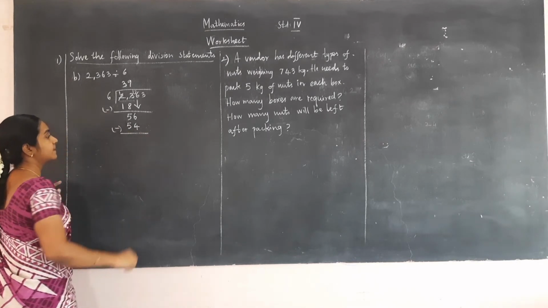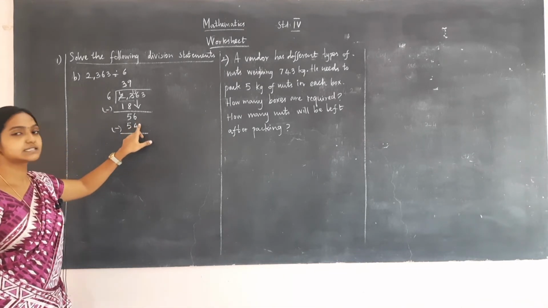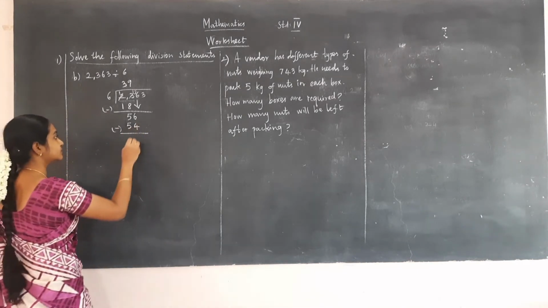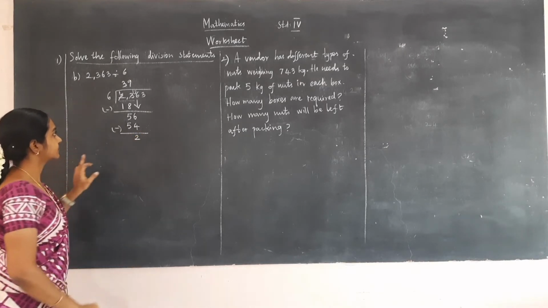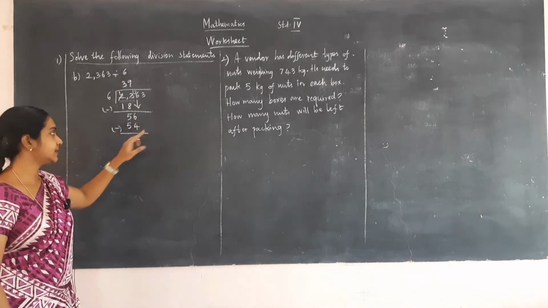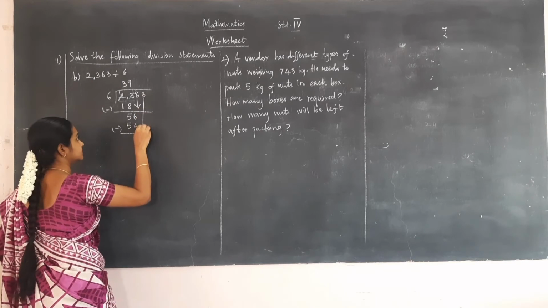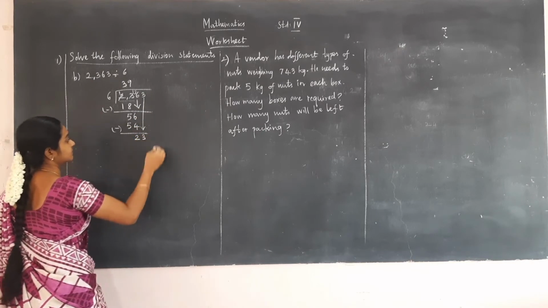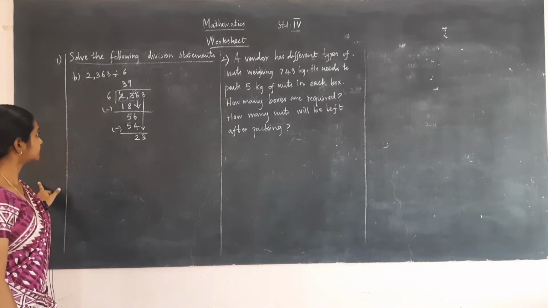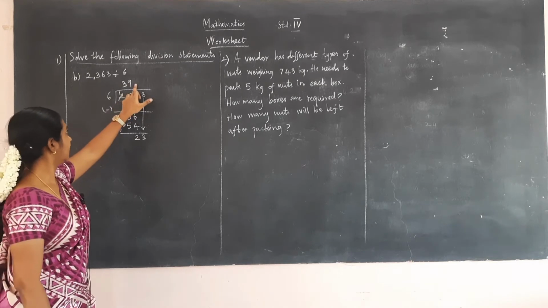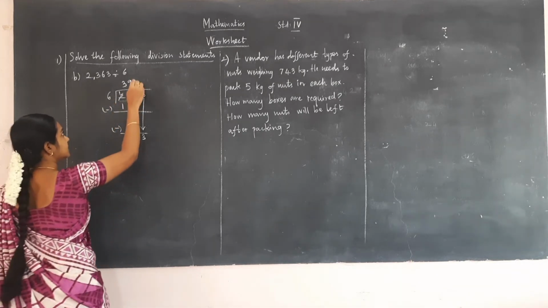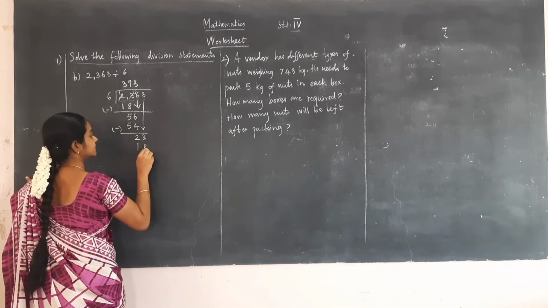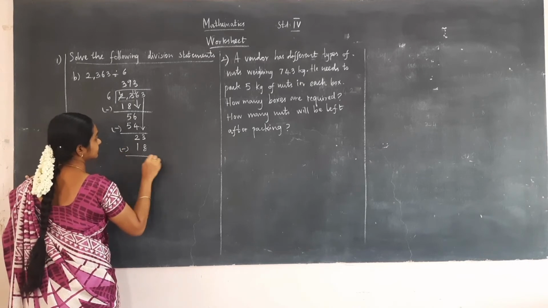Subtract. 6 minus 4 is 2. Bring down the 3. Again 3 6 are 18.